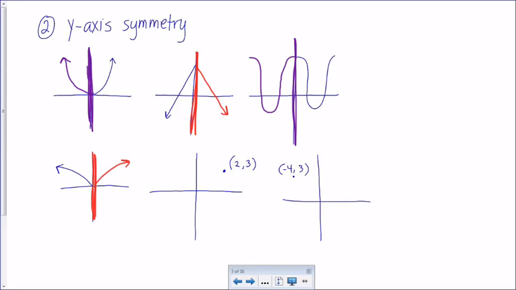All right, now we're back to points. So remember, with x-axis symmetry, the x value does not change. For the y-axis symmetry, think about it. What's not going to change? The y value does not change. Okay, so the y value doesn't change.